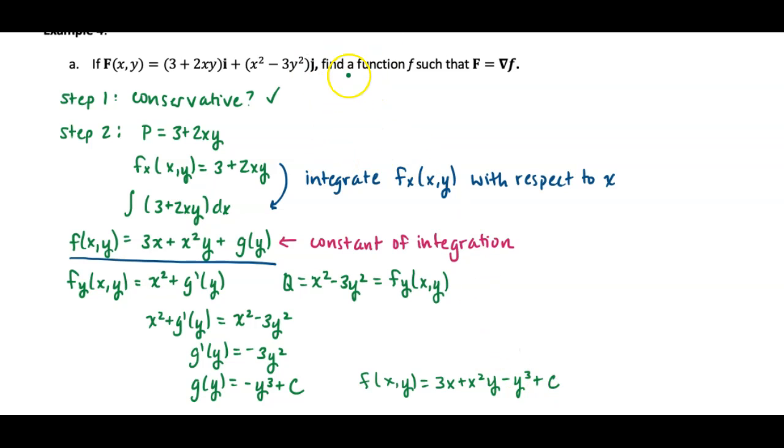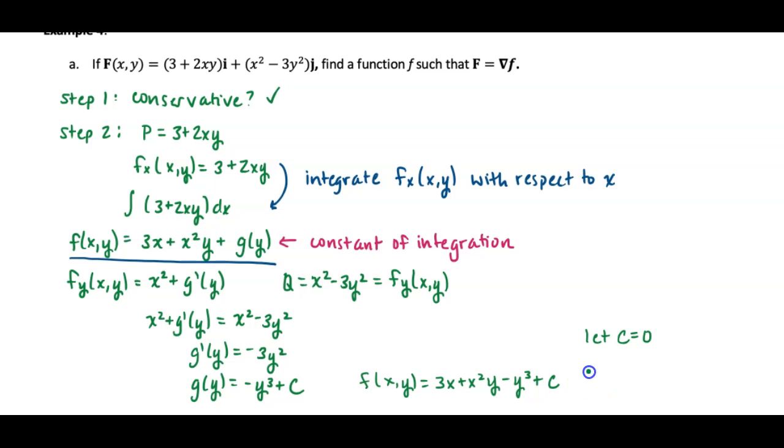Now, these instructions just tell us to find a function f, and the reason is because no matter what constant we put on the end of this, this will still be a potential function. And so for any function f, let's just let c be equal to 0.